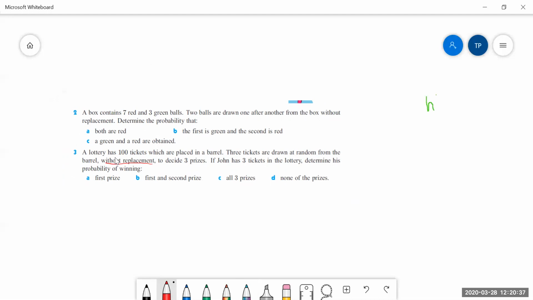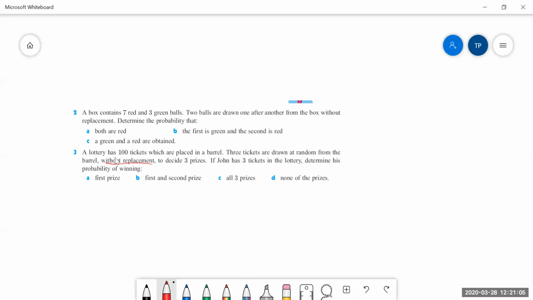So out of these 100 tickets, there are 3 tickets that belong to John. You need to understand what's his probability of winning the first prize. Does that mean it's 99 out of 100?